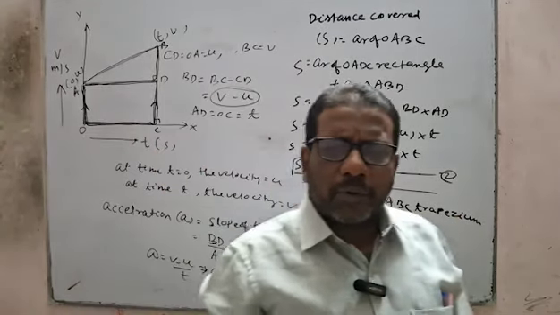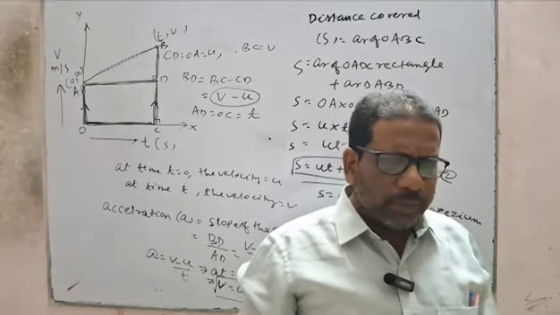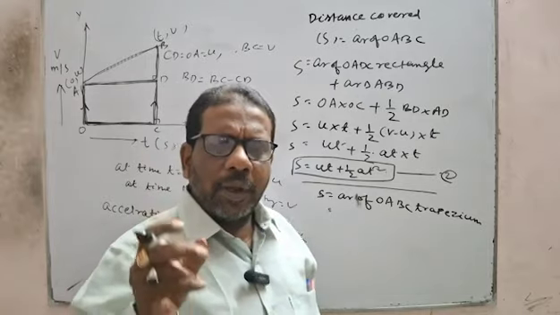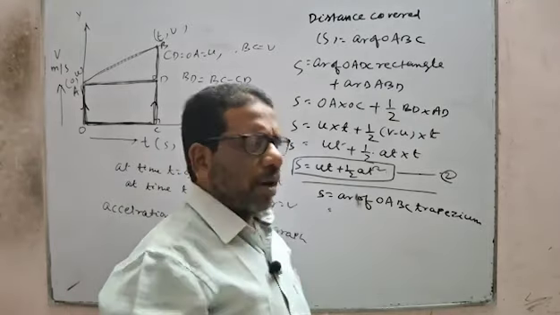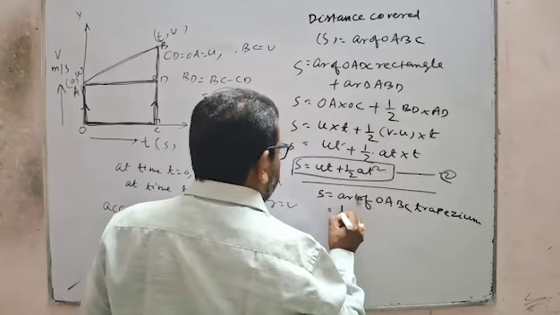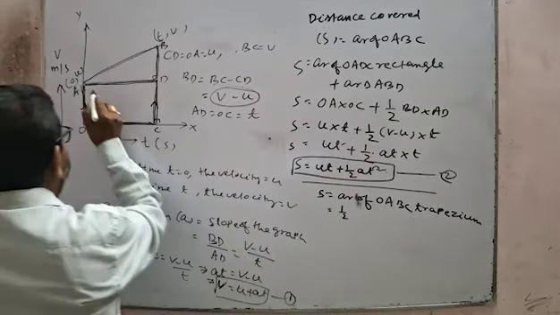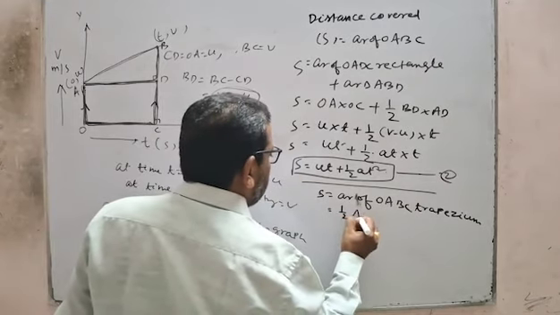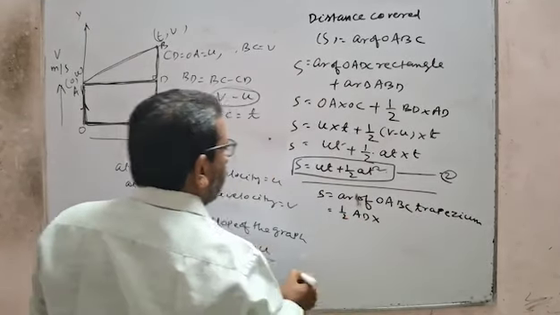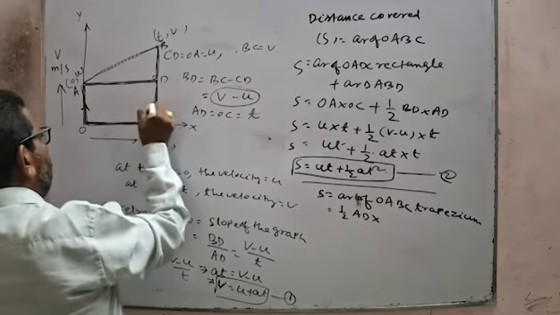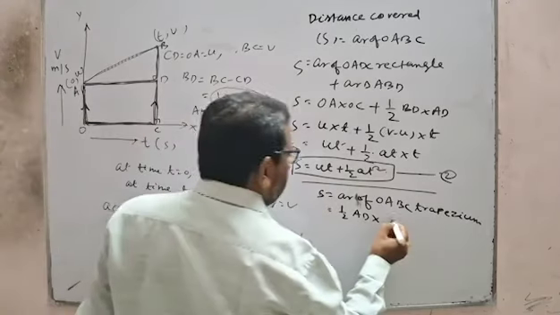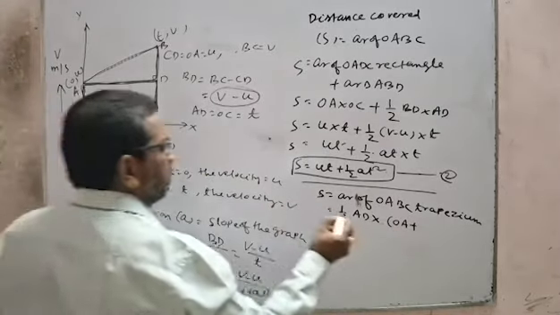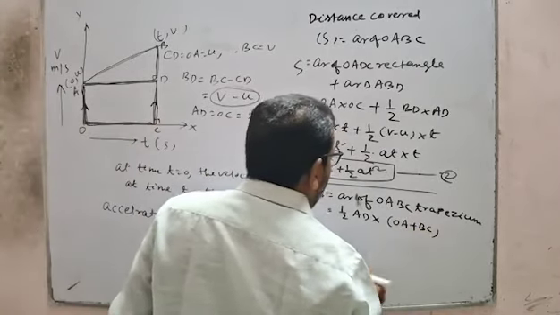What is the formula to find the area of a trapezium? Area of trapezium equals half into height into the sum of parallel sides. Which is the height? This is the height, AD. And these two are the parallel sides, OA plus BC.